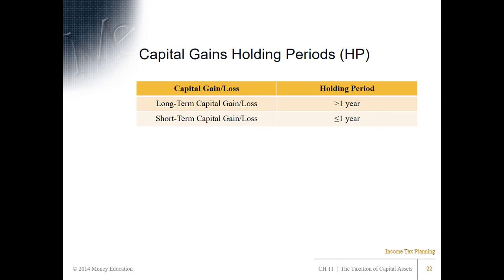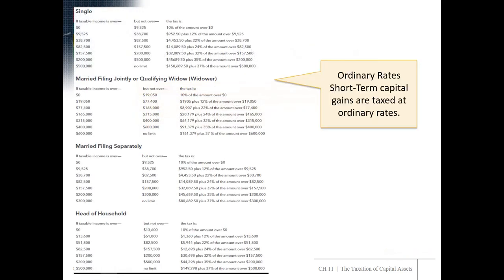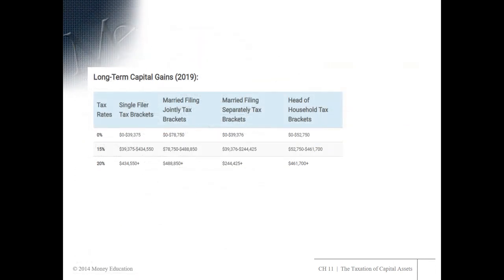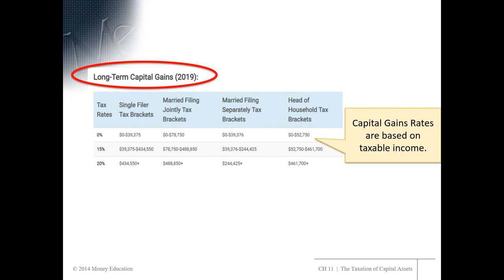So they're still capital gains, but they are short-term capital gains, and these short-term capital gains are taxed at ordinary rates. So here again are the ordinary income tax rates, and we've looked at those before, and we saw that they were much higher than these long-term capital rates, and these capital gains rates are based on taxable income.